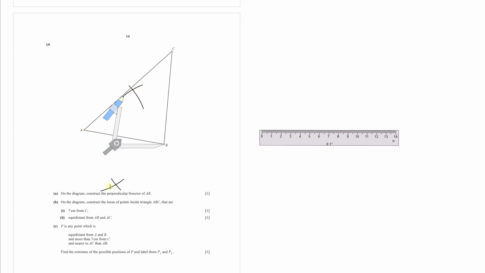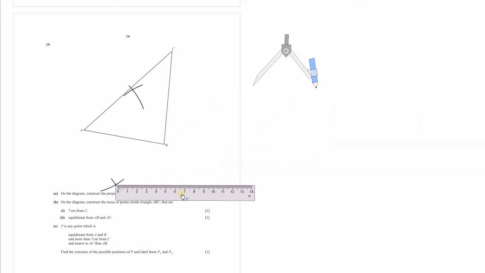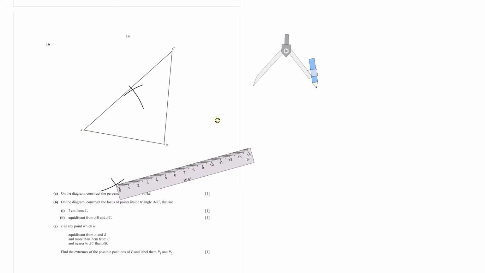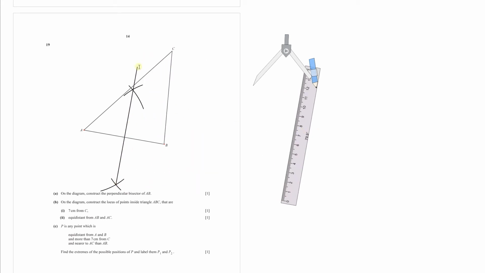So now if I join these 2 points, I will get the perpendicular bisector of the line AB. Let me use my ruler here to draw this line, which will be the perpendicular bisector. So it will be like this. So this is your perpendicular bisector of line AB.